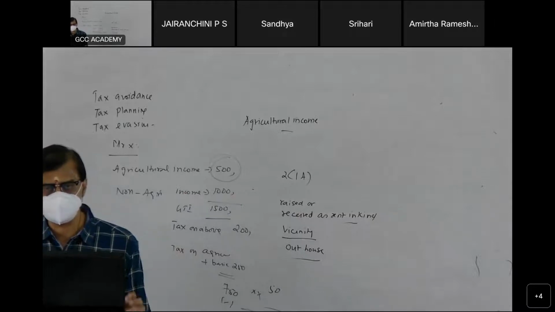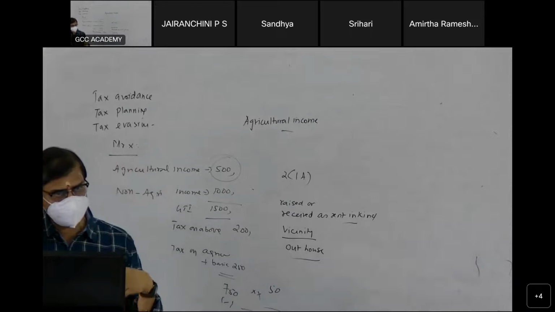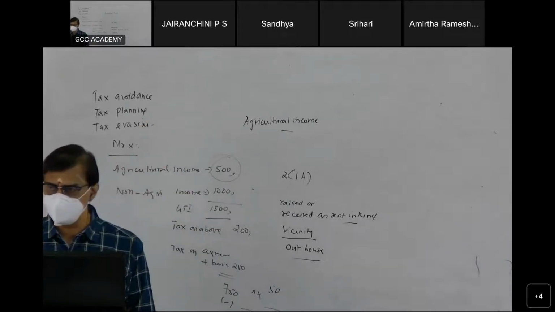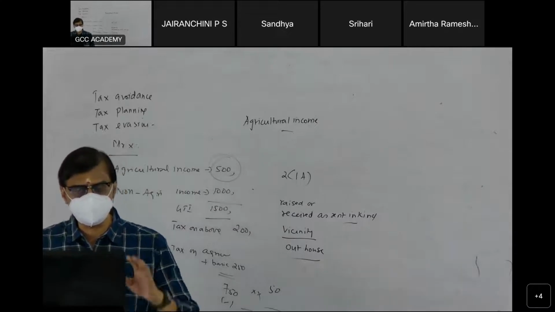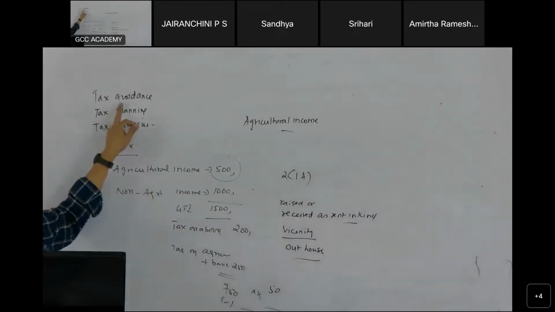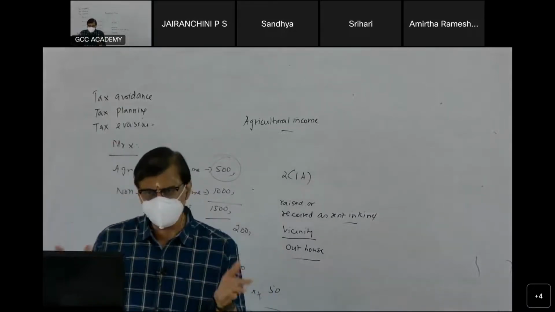Because agricultural income is done by different types of people. Even big zamindars, as we used to say in those days, they would have acres of land. They may do a lot of activities and earn a lot of income, but it's all exempt. So if you want to avoid tax, do certain things by which you can avoid it.